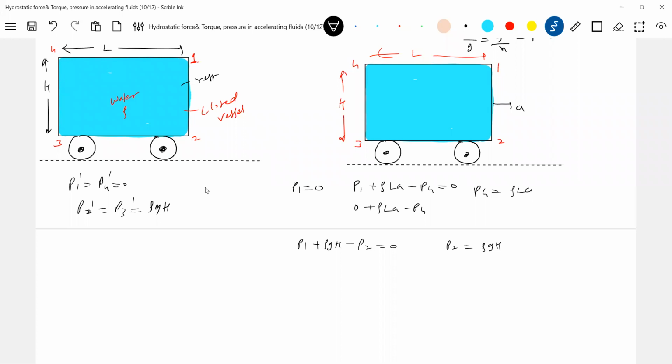P4 plus rho g H minus P3 equal to 0. In the manometric equation you begin positive; if you move inside the liquid vertically down, gauge pressure increases, and where you end up there will be negative, equal to 0. P4 we know is rho L a, so rho L a plus rho g H minus P3 equal to 0.